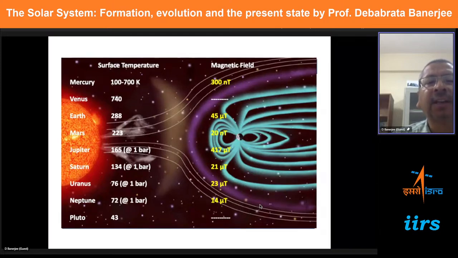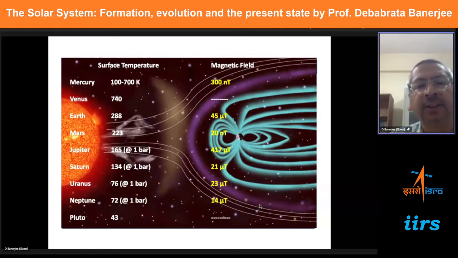On the sunward side, as you know, you have a magnetosphere. This has been discussed in other lectures, so I will not dwell on it too long, but on the sunward side it is compressed, and then it extends on the other side of the Earth to large distances.